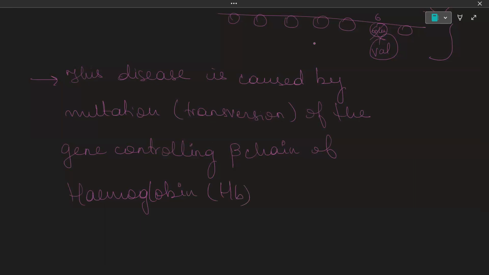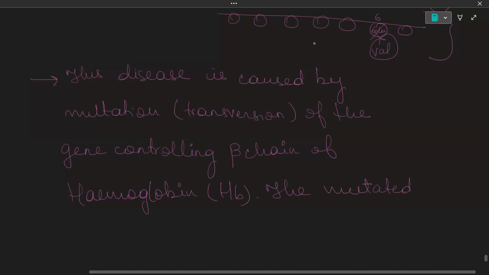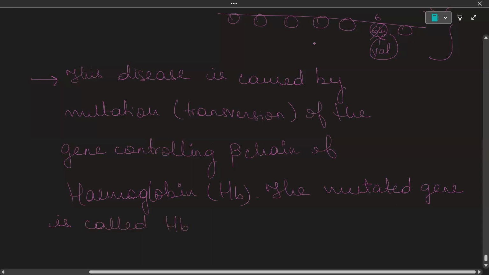The beta chain of hemoglobin. The mutated gene is called HBS.